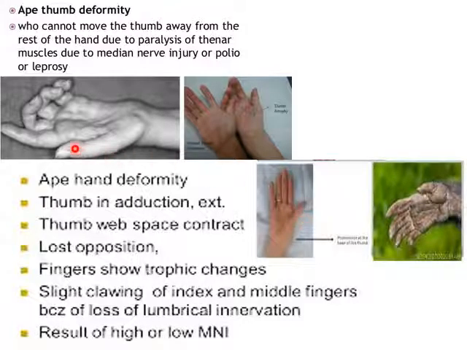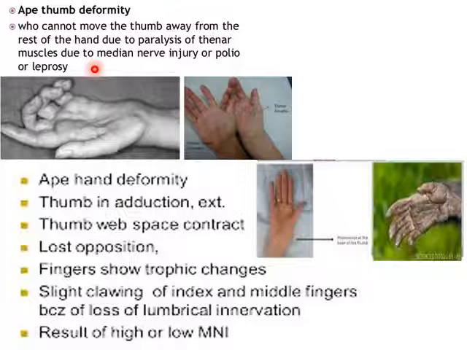There is slight clawing that can be seen for the index, middle and thumb fingers, because of the loss of sensation here, and it is more pronounced for the index and middle finger because of the loss of lumbrical action. This can also be caused by leprosy and polio.